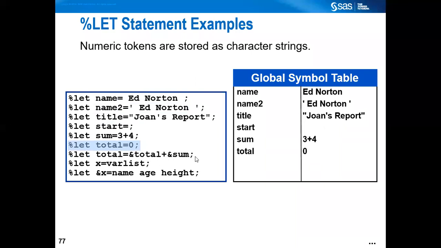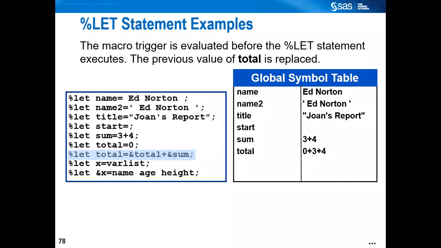It will be 0 plus 3 plus 4, I think. Absolutely. So total is ampersand total. What is ampersand total? Earlier you created the value as 0, correct? So 0 plus, what is ampersand sum? The value is 3 plus 4. So 0 plus 3 plus 4.